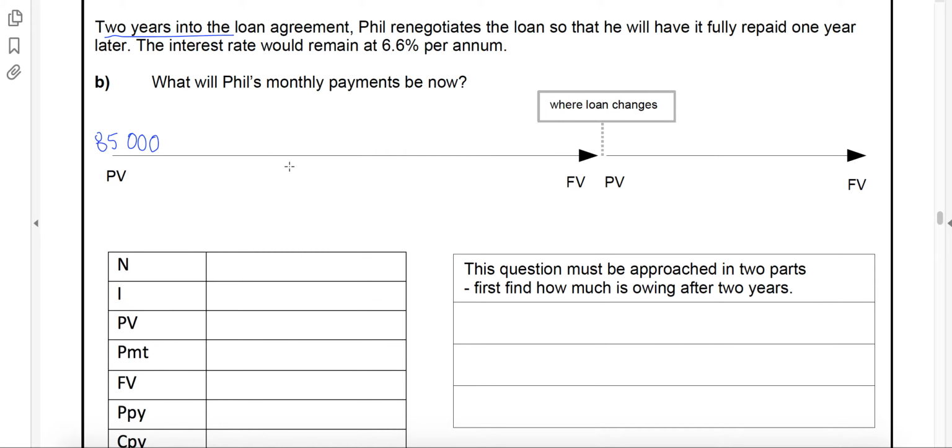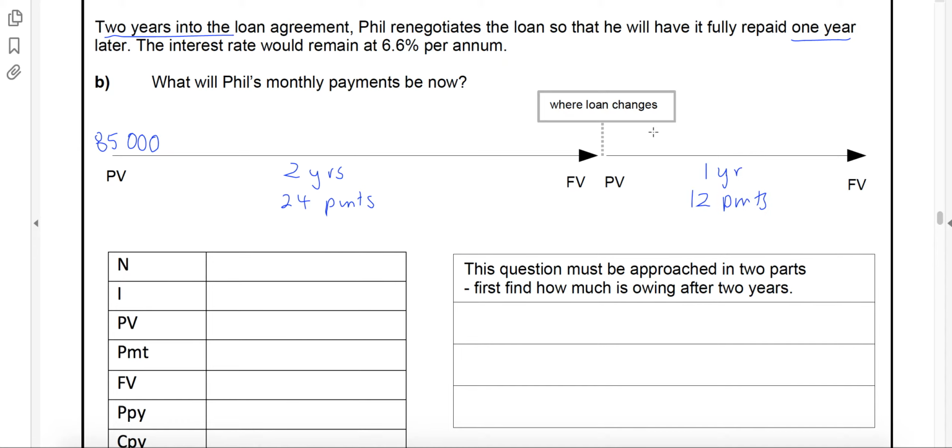So this part here represents 2 years, or since it's monthly, that's 24 payments. The loan is going to change here, so after 2 years, and we're told that it's 1 year later that he wants to have it paid off. So that means this last part of the loan is 1 year in duration, which is 12 payments.